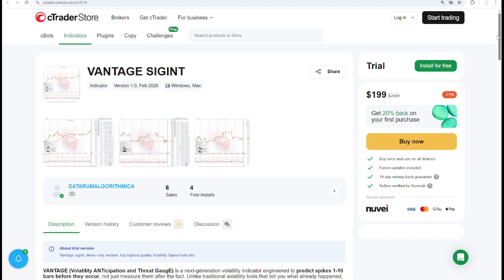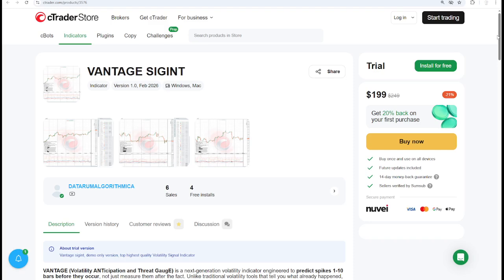They measure the z-score, so the Gaussian probability that volatility is going to spike. They will measure the value at risk. They will measure vol of vol, the volatility of volatility.